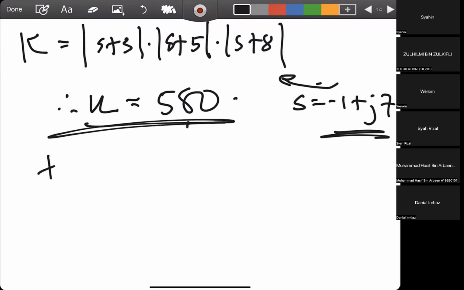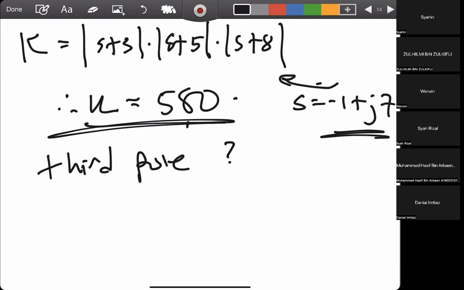So the third pole, how to calculate the third pole? Yes, how to calculate the third pole?